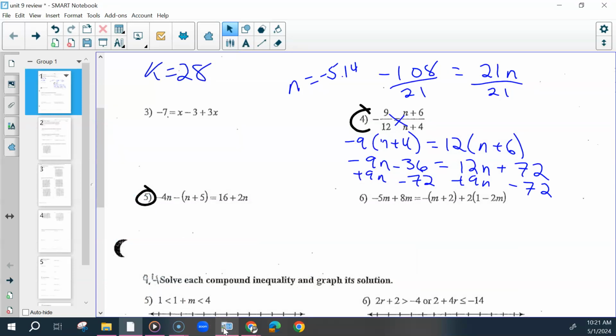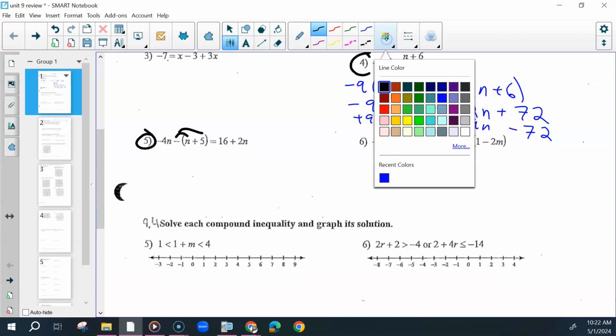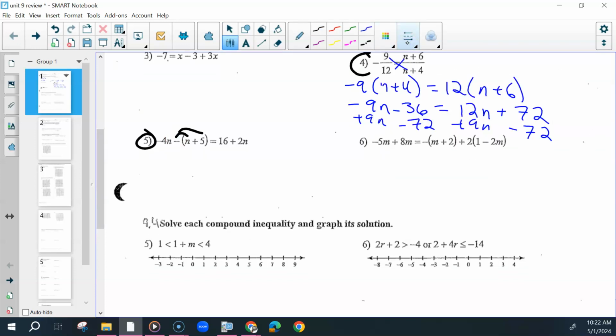Questions on that one? Okay. And then number 5, you have to distribute the negative. So negative 4n minus n minus 5 equals 16 plus 2n. Combine like terms, subtract these.